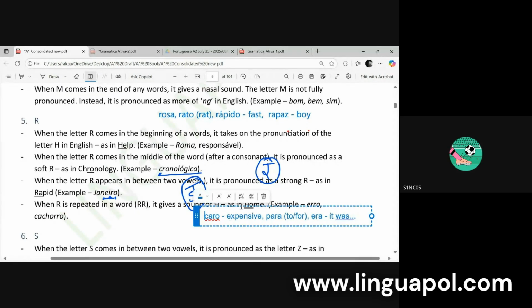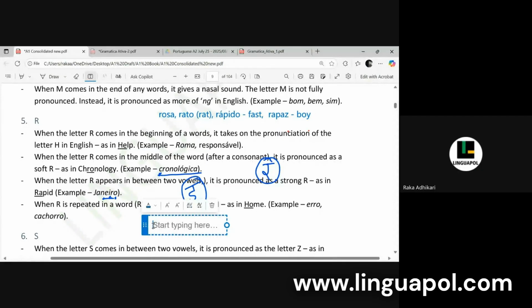Carro has a double R. Yes. So this is called caro. In European Portuguese we might say it as caro, but mostly in Europe and in Brazil, both the countries, we generally call carro as kahu. Kahu.